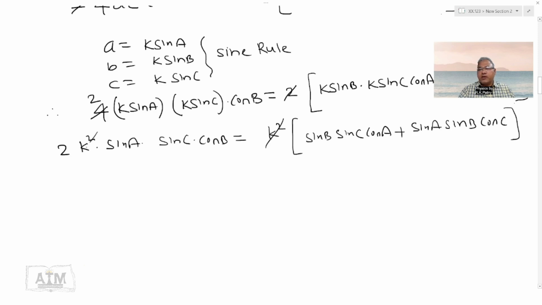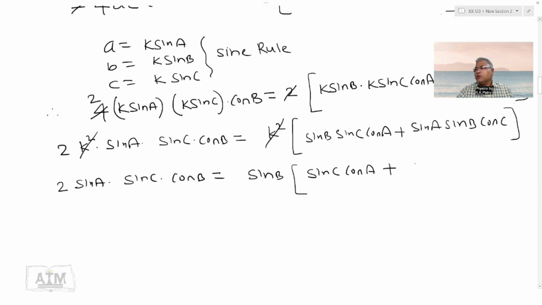K square cancels on both sides. So 2 sine A sine C cos B. Now we have taken sine B common. So what is left? Sine C cos A plus sine A cos C.